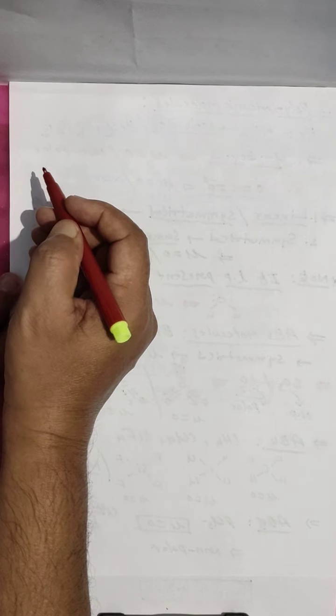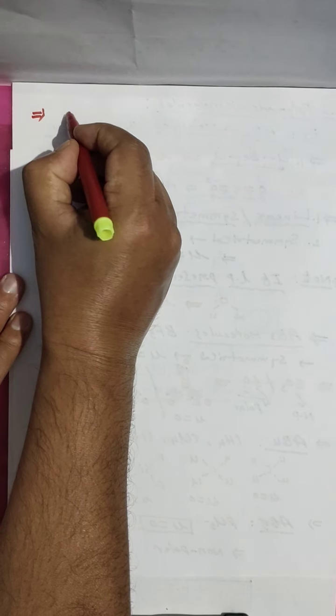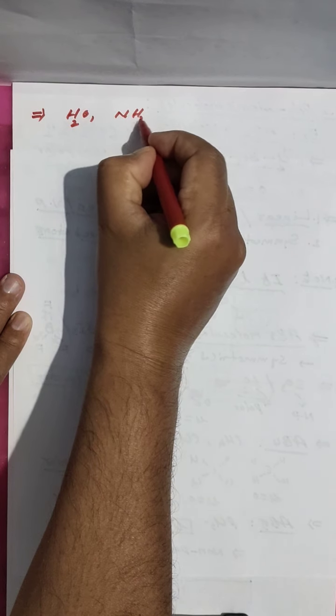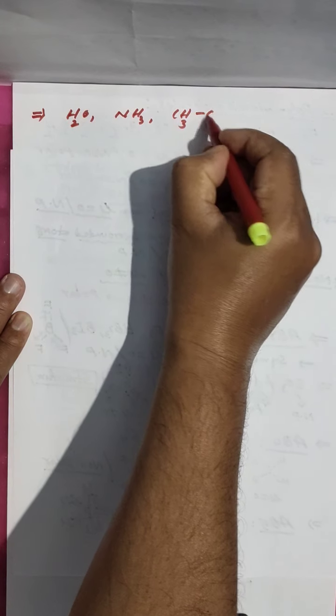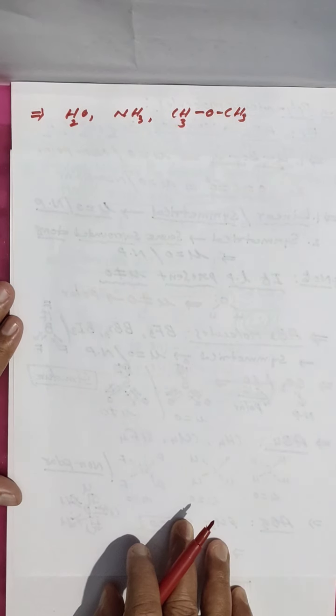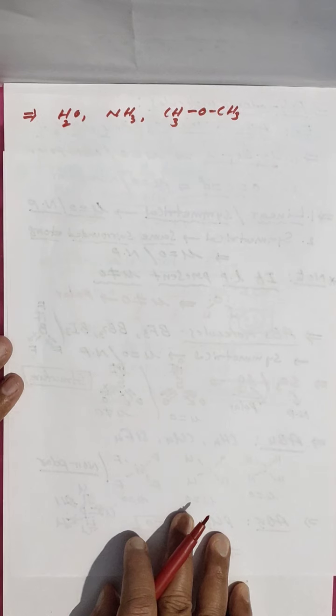This time I will go for some different examples. For example, water is given to you, ammonia is given to you, and CH3 O CH3, an ether, is given to you, and here you have to address polarity.